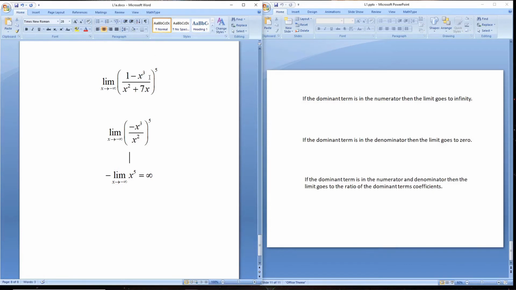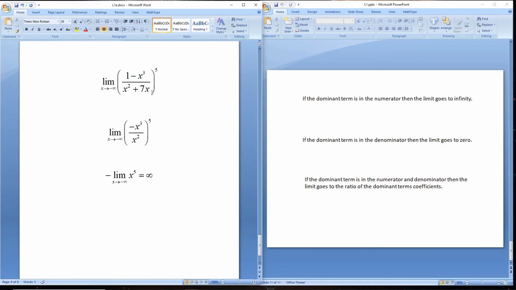And again, notice the dominant term is in the numerator here. Now the question I'd be interested to hear your answer to is, what is the dominant term in the numerator? Is the dominant term x cubed?